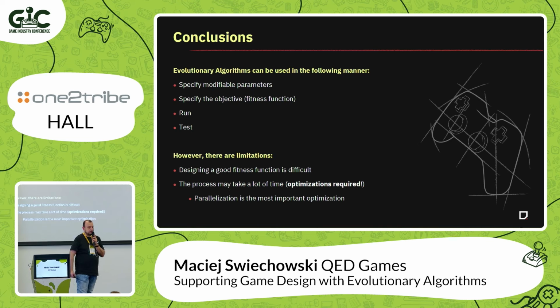Yeah, and just to conclude, because I really had to fast forward this presentation, I want to sell you the idea that evolutionary algorithms can be used to optimize your game, but you have to specify modifiable parameters and a fitness function, and you need to come up with a good fitness function, which can be difficult.